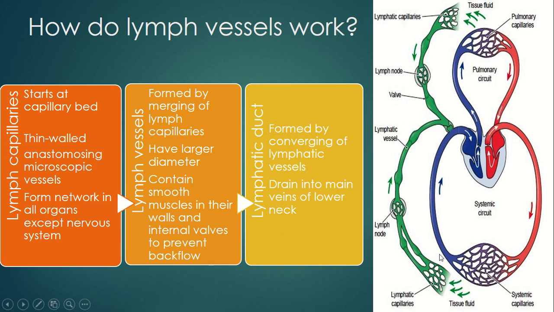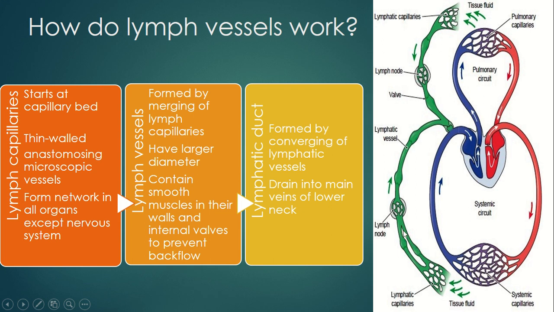Lymphatic capillaries, here you can see, when they converge, when they get united with one another, they form lymph vessels. So lymph vessels are comparatively larger, having a larger diameter also, resemble the veins, and they have valves that prevent the backflow.